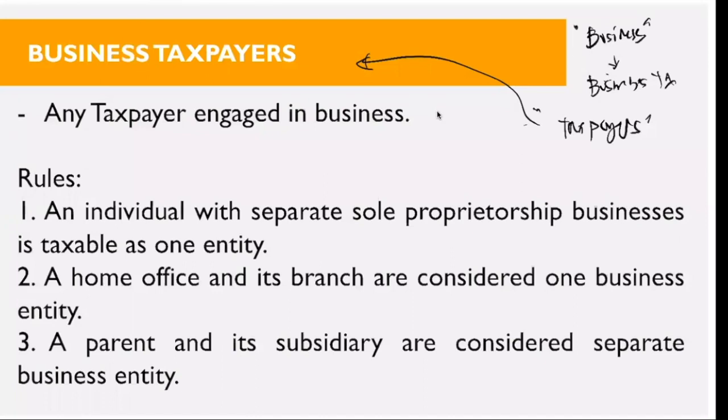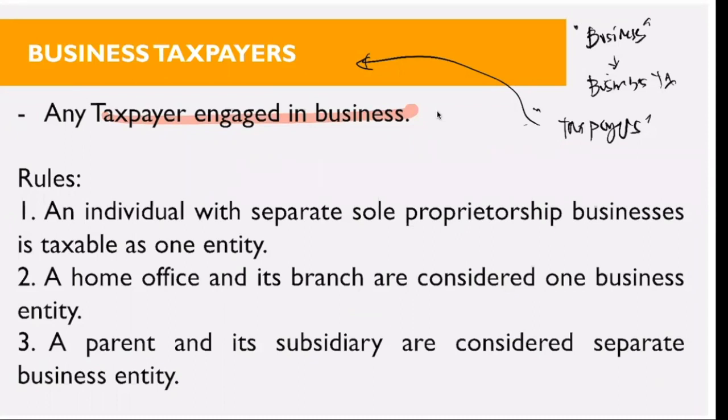We consider that individual or entity as a business taxpayer if the taxpayer is engaged in business, of course. So long as the taxpayer is engaged in business, you consider it as a business taxpayer. When do we consider again an individual or entity engaged in business? You go back to the definition of a business. That is your regularity in activity, and the activity should be commercial or economic in nature.